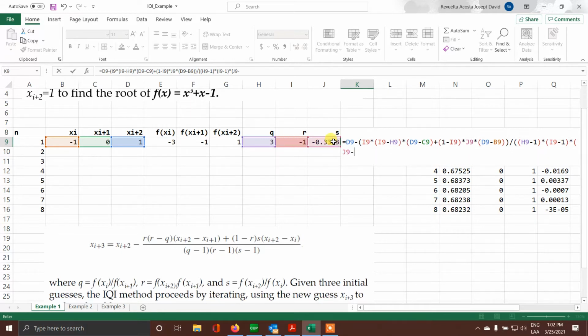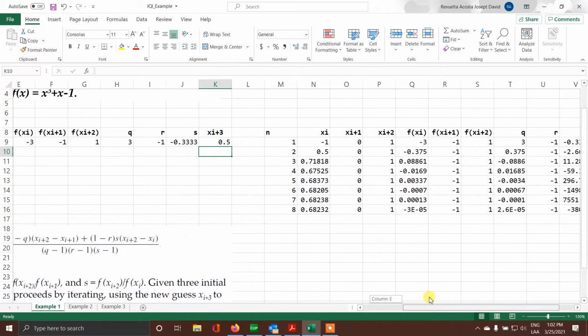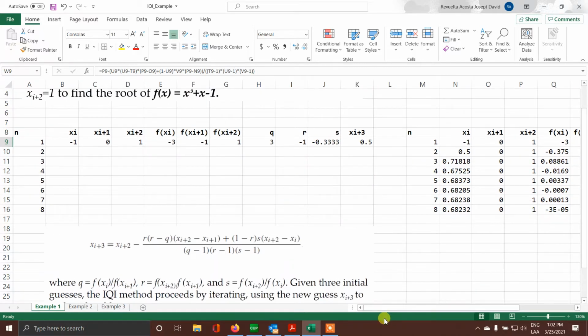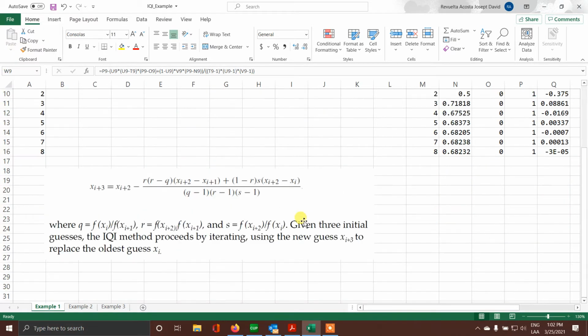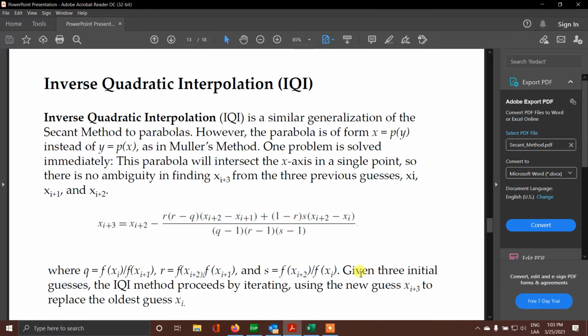So as we said, in general, if we go to the slides, the new guess is going to replace the value of xi. So that's pretty much what we're going to do. This xi value is going to be replaced by this one.